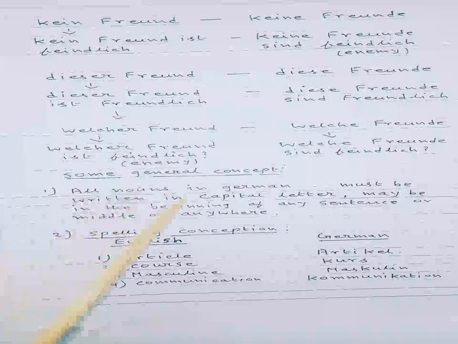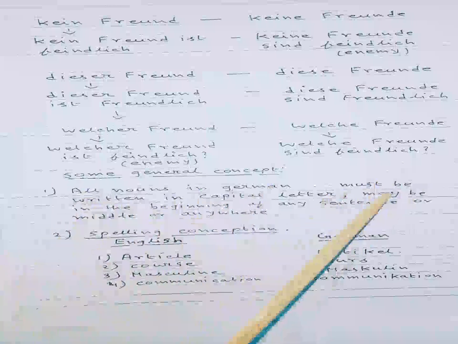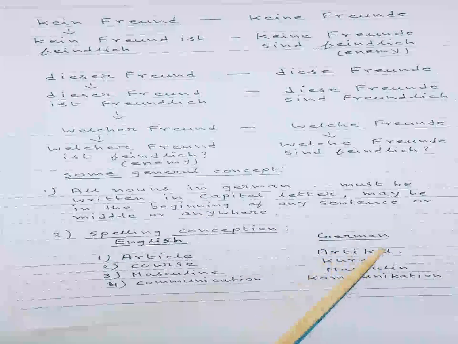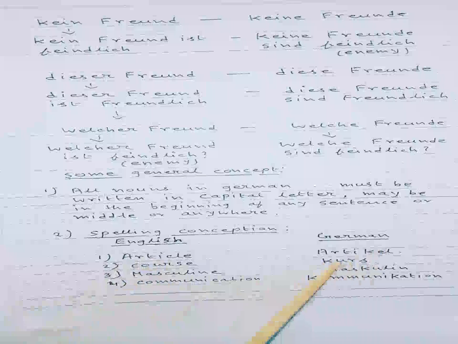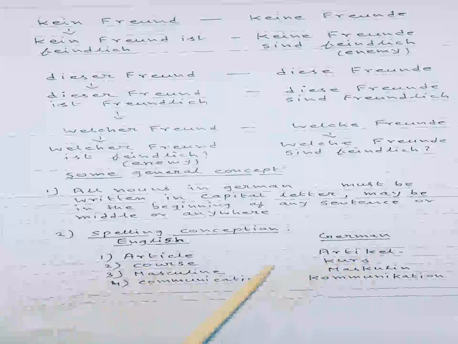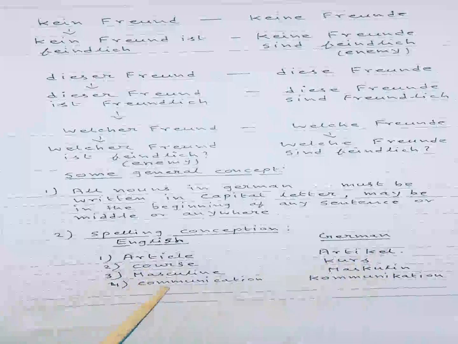Now here are some general concepts. All nouns in German must be written with a capital letter, whether at the beginning of a sentence, in the middle, or anywhere. Here are some spelling concepts in English and German. See, article. Course, Kurs. Masculine, masculine.